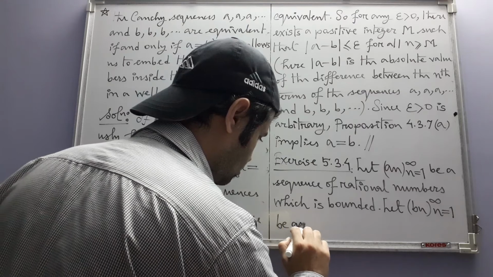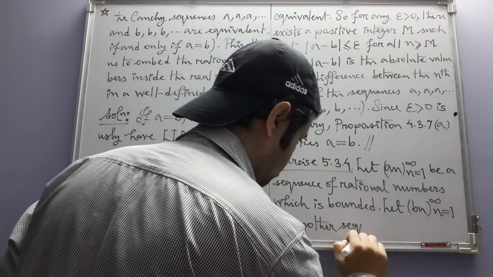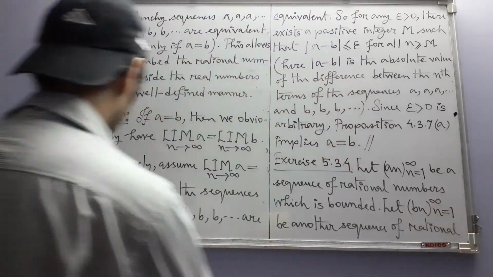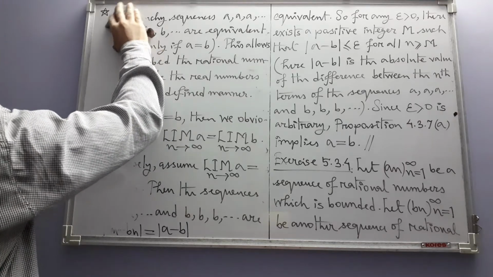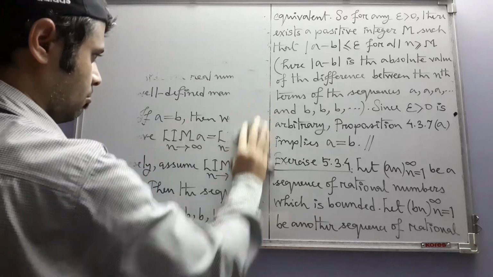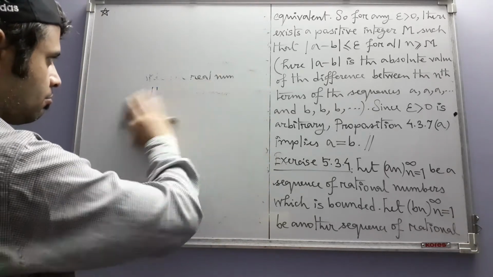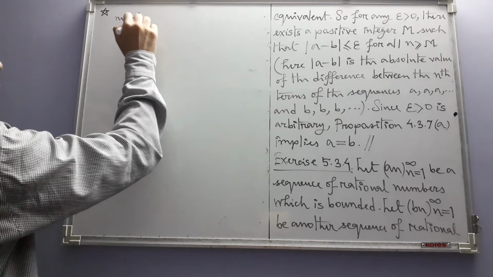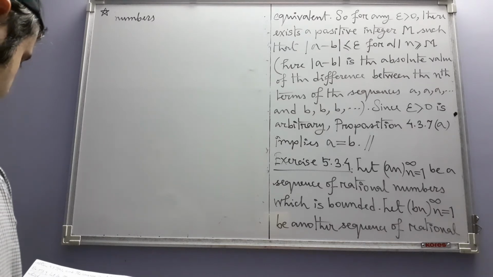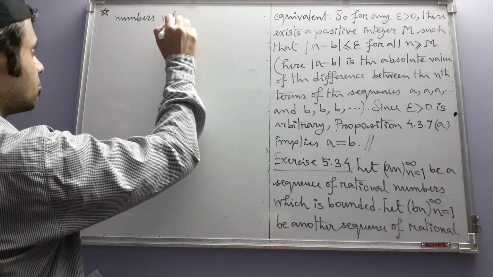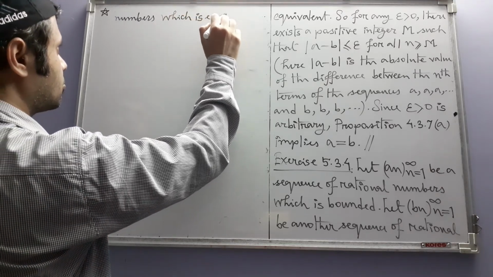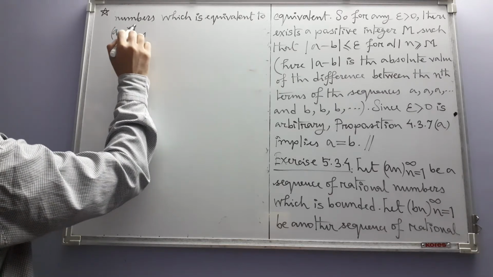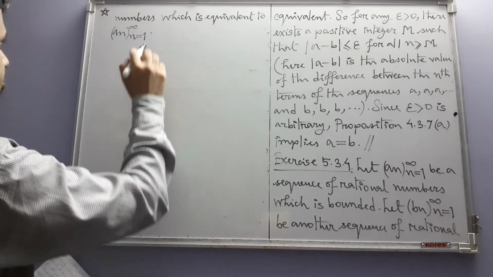Let Bn be another sequence of rational numbers which is equivalent to An. Show that Bn is also bounded.